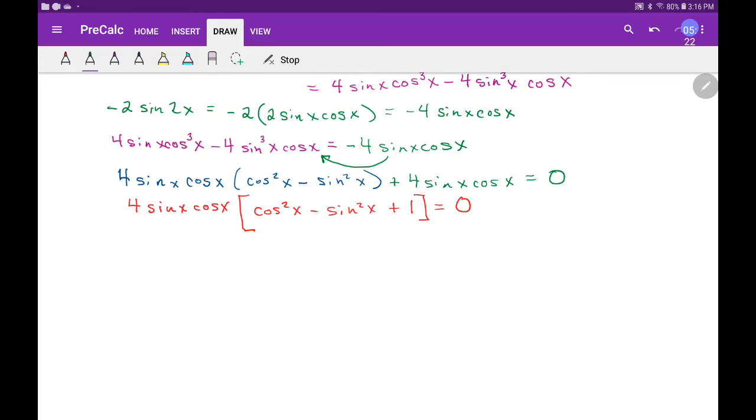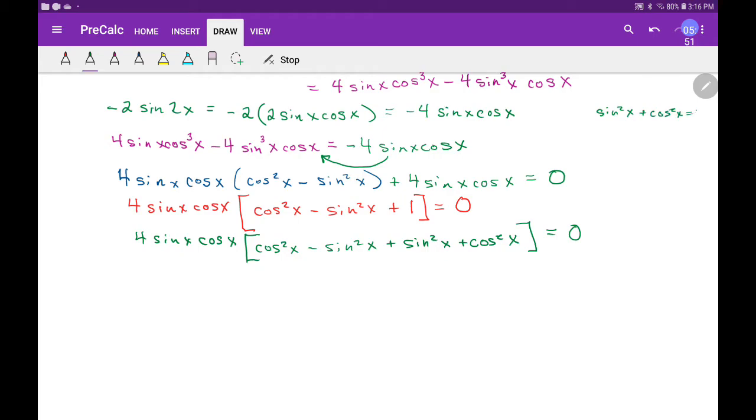So now I'm thinking, let me write this again. I'm trying to show a lot of my steps here. Maybe I could skip some of these, but I'm going to put it out in all its painful details. 1 is the same thing as sine squared x plus cosine squared x, right? From the Pythagorean identity. Right, we remember that. Sine squared x plus cosine squared x is equal to 1. The main Pythagorean identity over there.